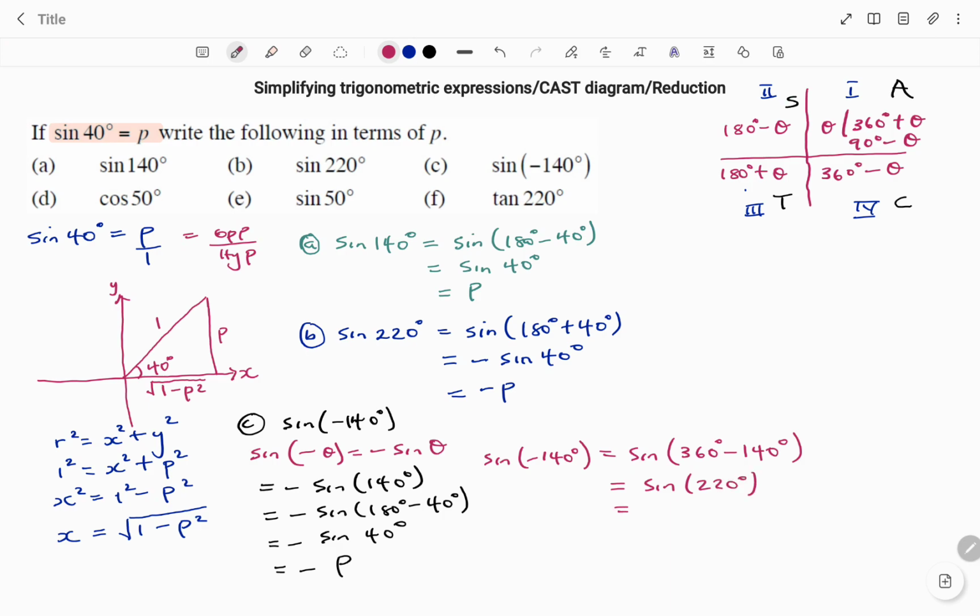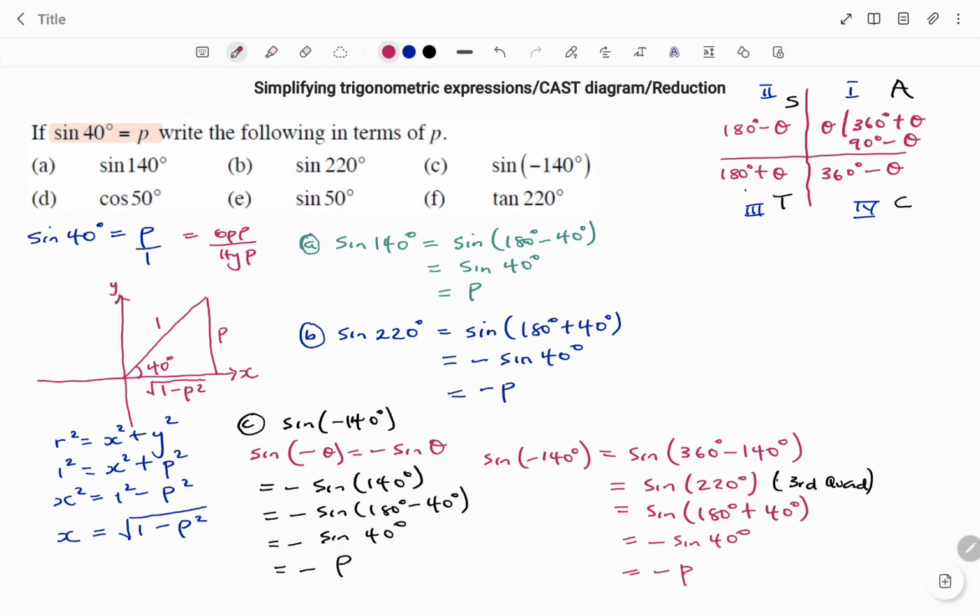Going back to our CAST diagram, 220 degrees falls in the third quadrant. Therefore, using the reduction formula, I have sine 180 degrees plus 40 degrees. Note that the value of sine in the third quadrant is negative, so I have minus sine 40 degrees, which is the same as minus P.